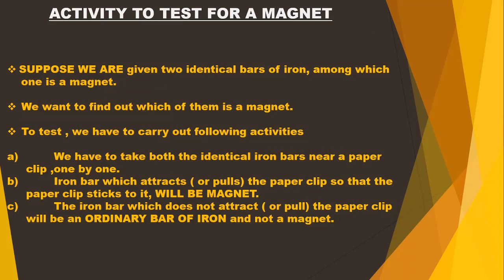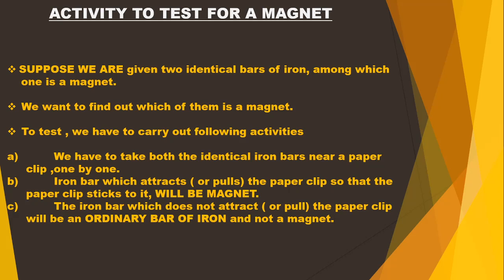Next, we will discuss that if you are given two identical iron bars, how you will identify which one is a magnet and which one is a simple iron bar.